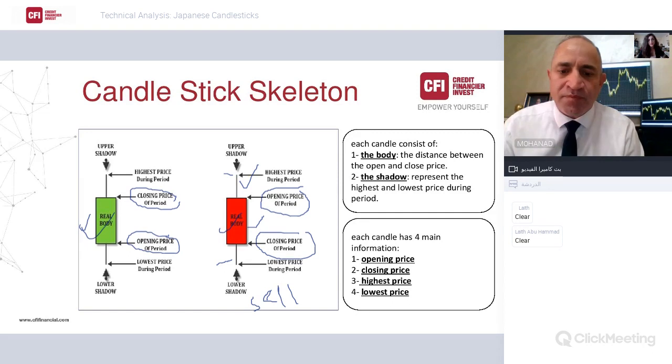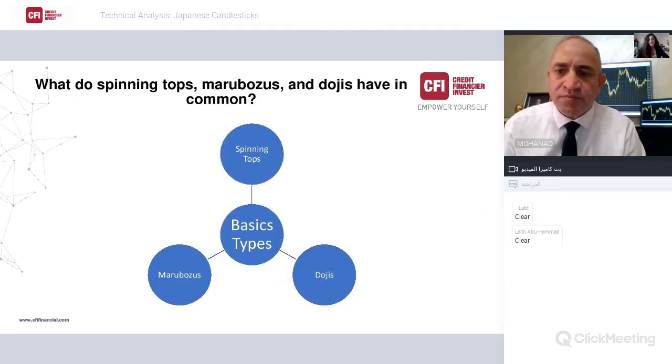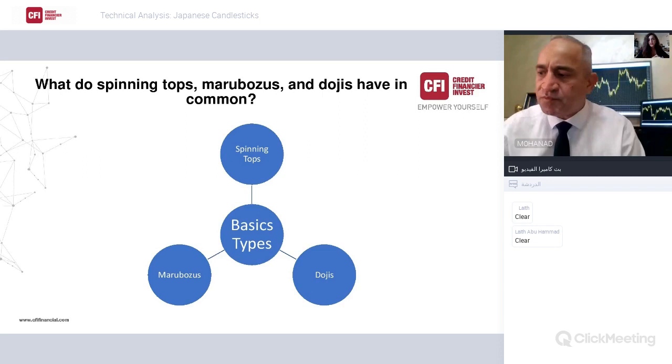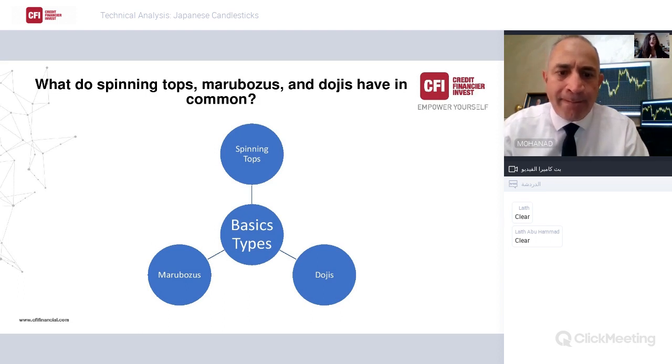So once we know those basics, Mr. Muhannad, we can go on to follow with what patterns we have in the market. I will continue. We have basic types in the charts, and from them we have many different patterns that come along.